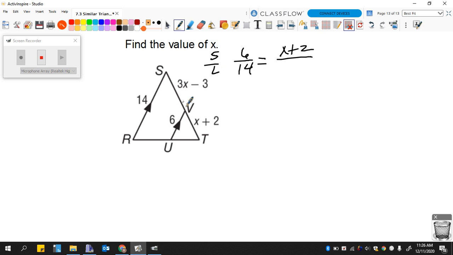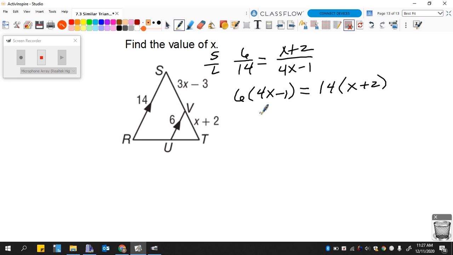X plus 3x is 4x. Negative 3 plus 2 is negative 1. And then just cross multiply. All right, so we have 6 times 4x minus 1 is equal to 14 times x plus 2.